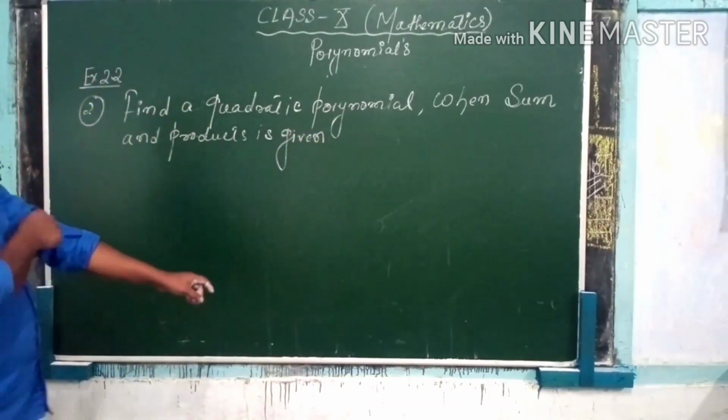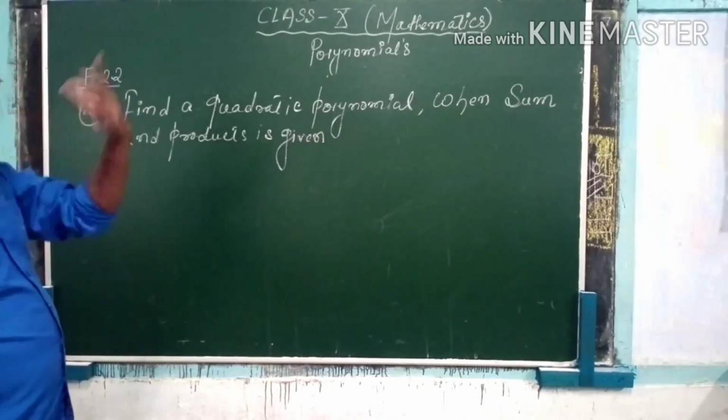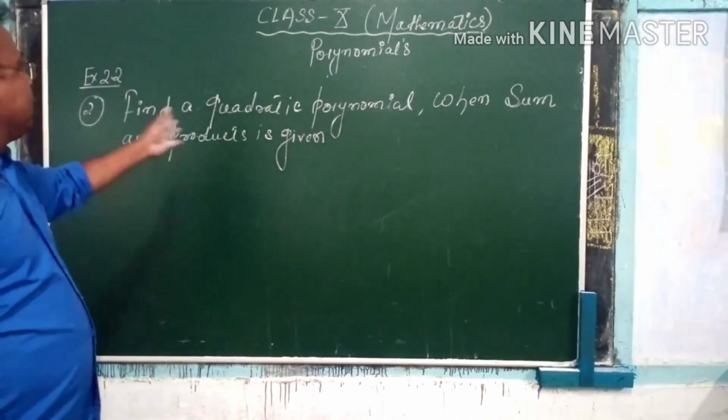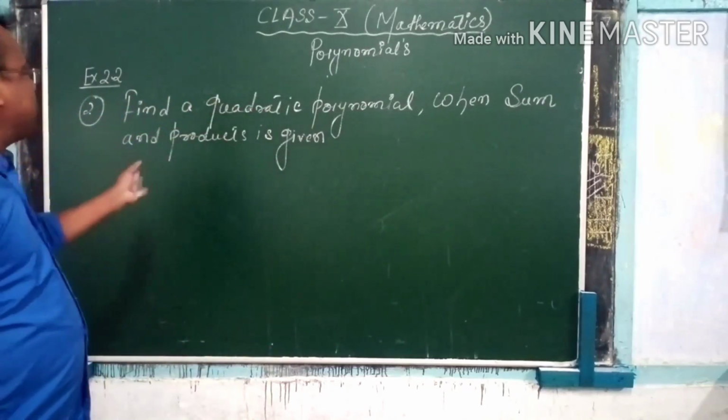What you have to do? You have to form a quadratic polynomial. You have already learned about that one. Find a quadratic polynomial when sum and product are given.